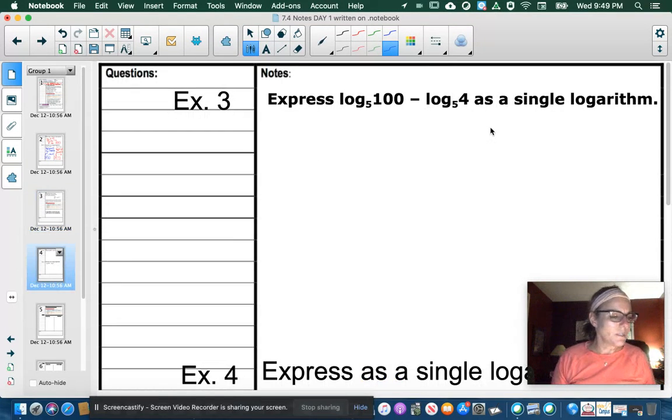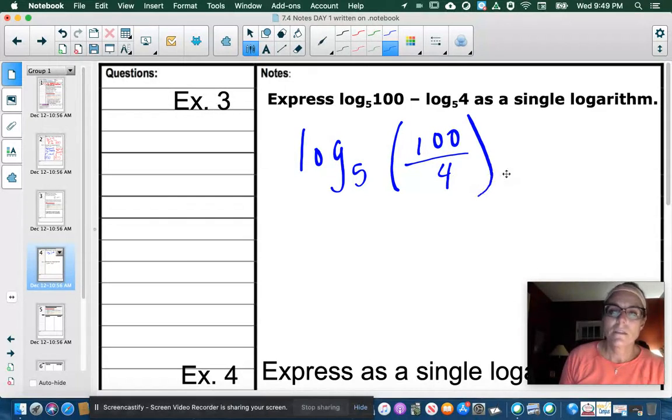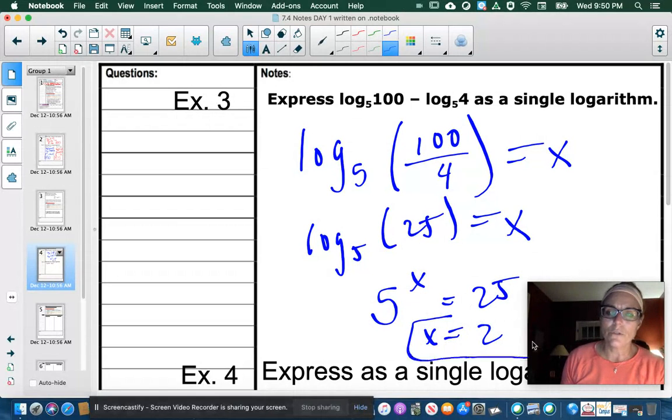All right, express log base 5 of 100 minus log base 5 of 4 as a single log. We're subtracting the same base. 100 divided by 4 is 25. Change to exponential. 5 to what power is 25? x is equal to 2.